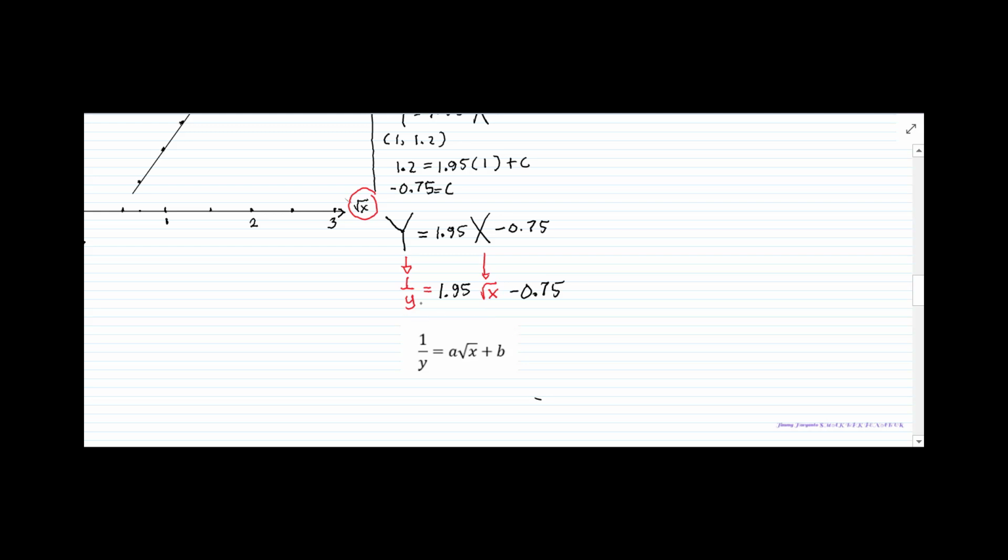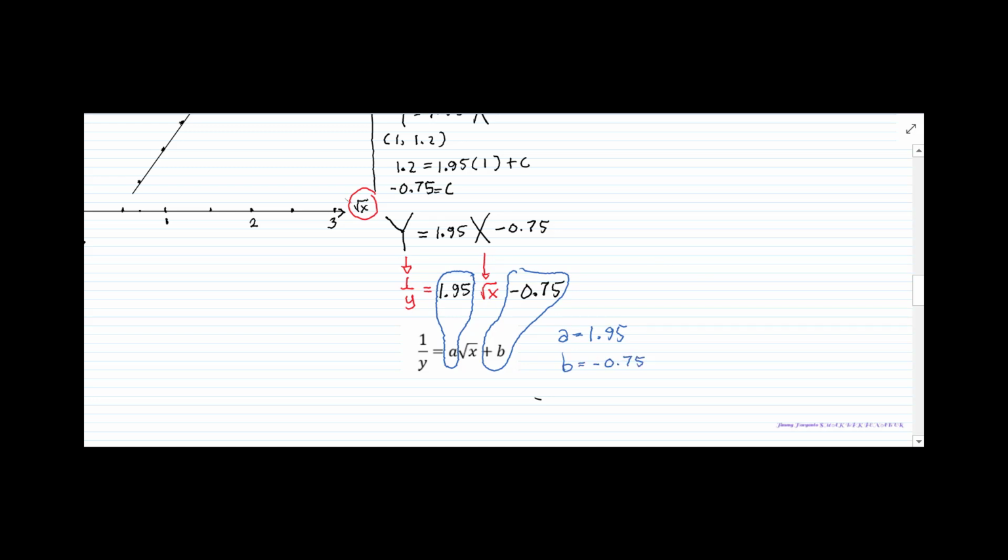Look at this form. It's exactly the same. So we can conclude that a is 1.95, and b is negative 0.75.